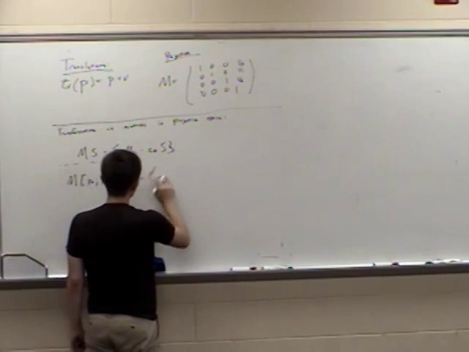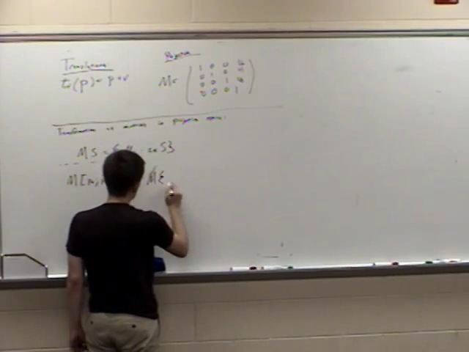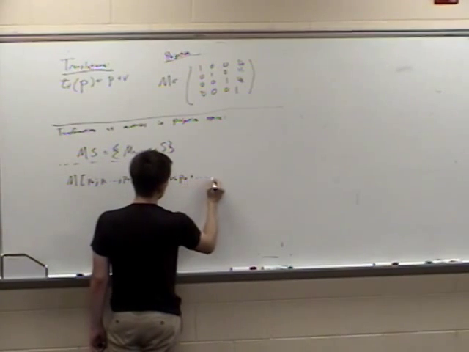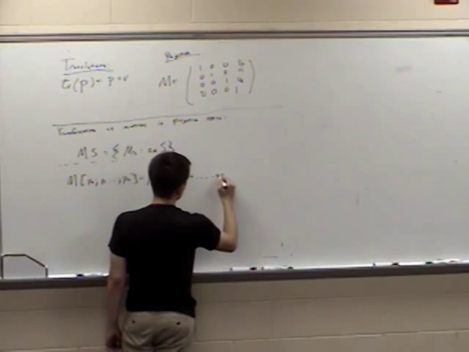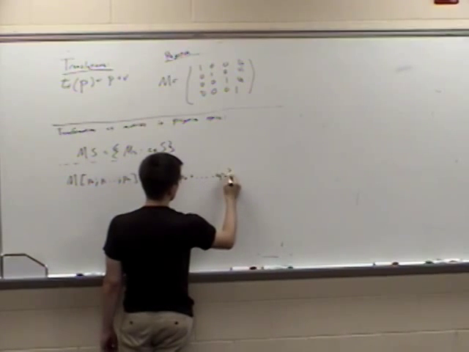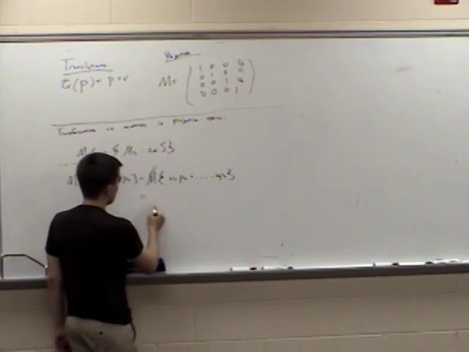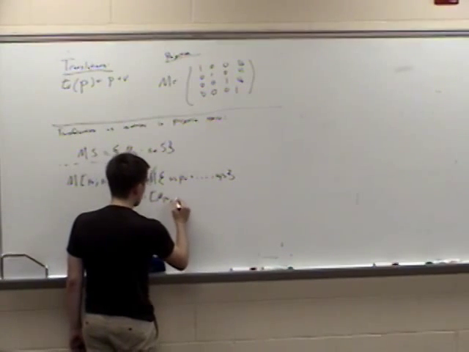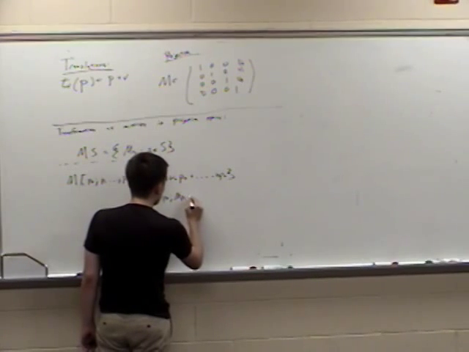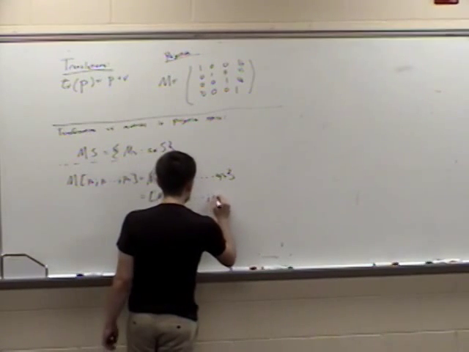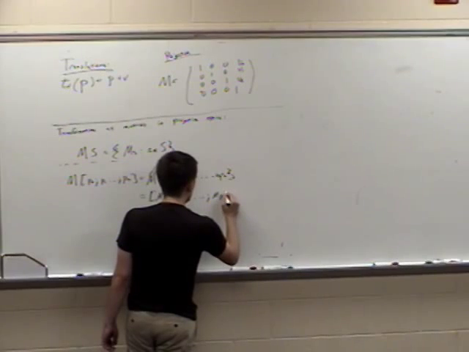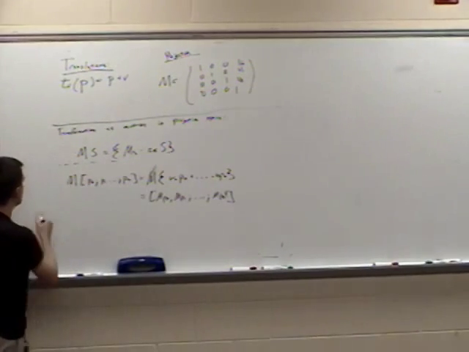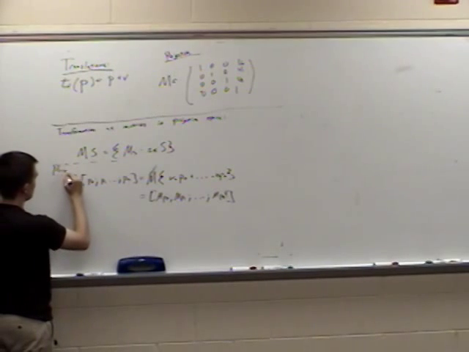So this is just M times W0 P0 plus, et cetera, Wn Pn, which is basically just MP0, MP1, MPn. So that's easy, right? So this is sort of like the primal case.